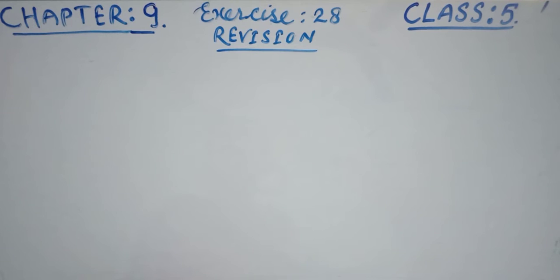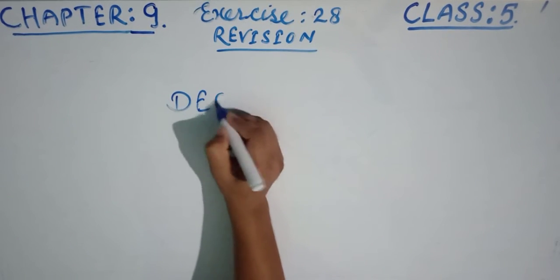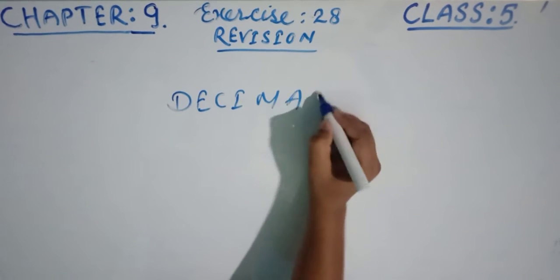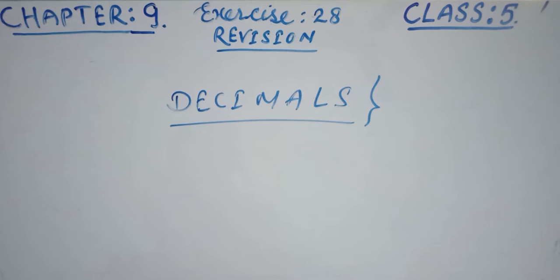So friends, the name of this chapter is multiplication and division of decimals. First, before solving a couple of questions, let us figure out some of the terms like decimals. I know you all are aware of decimals.